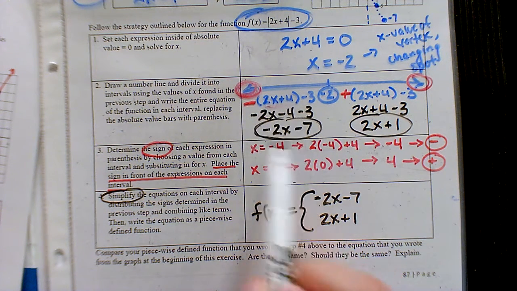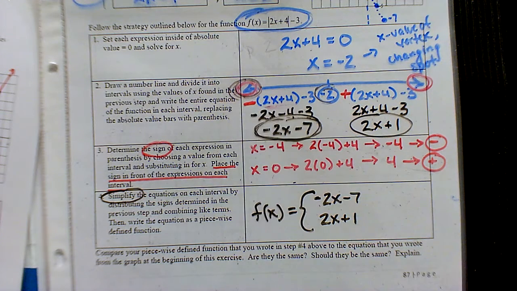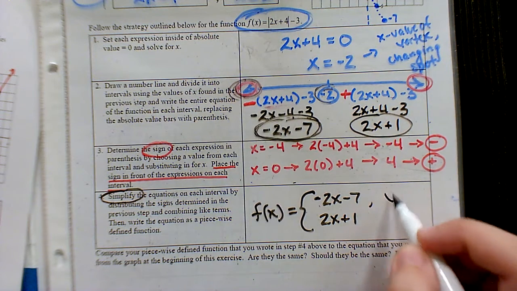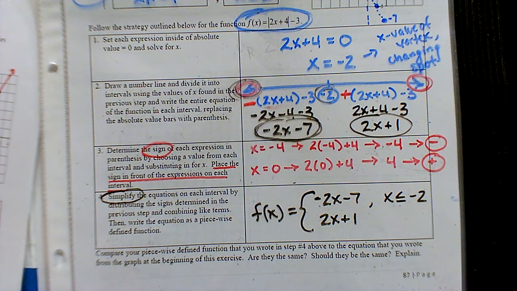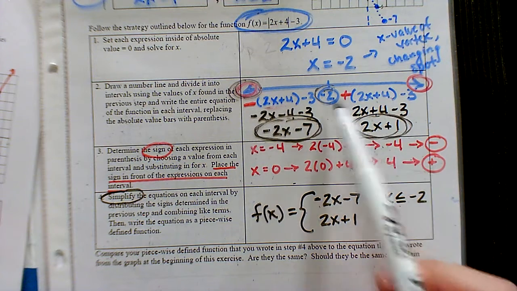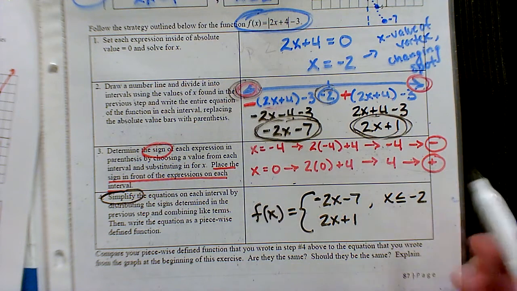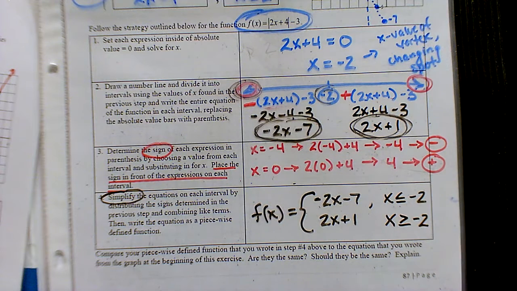This first equation showed up from negative infinity to negative 2, so that would be x is smaller or equal to negative 2. And the second equation is showing up between negative 2 and positive infinity, so you can choose anything bigger or equal to negative 2.